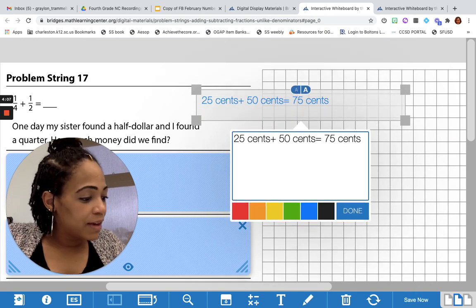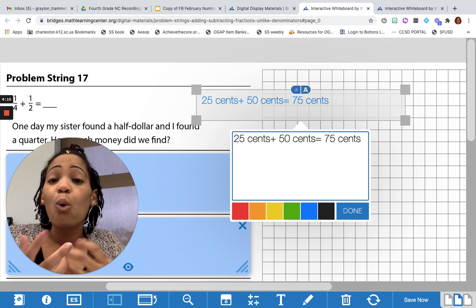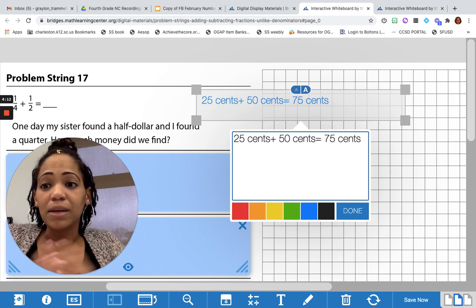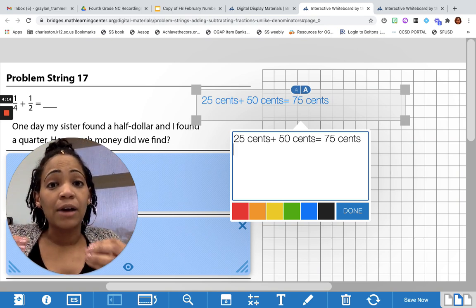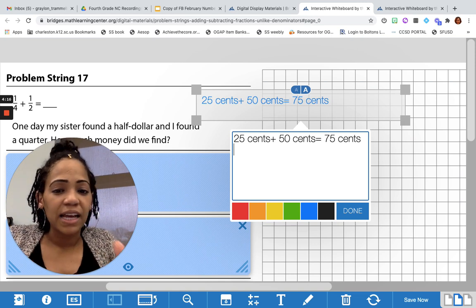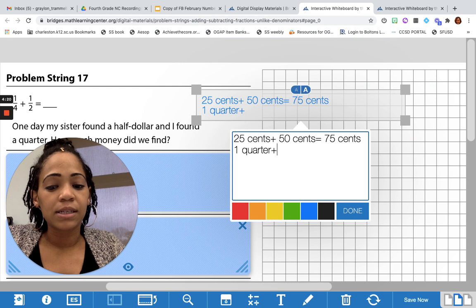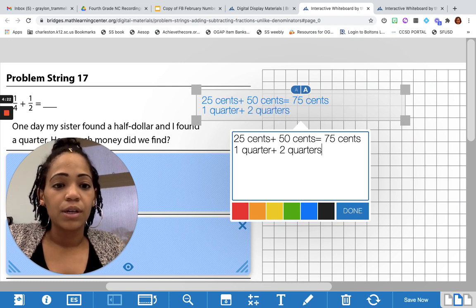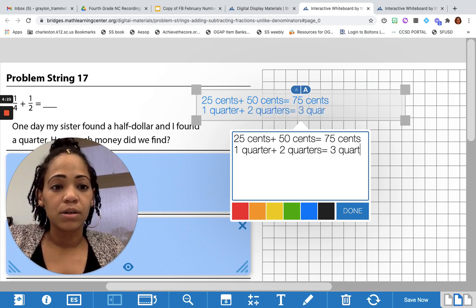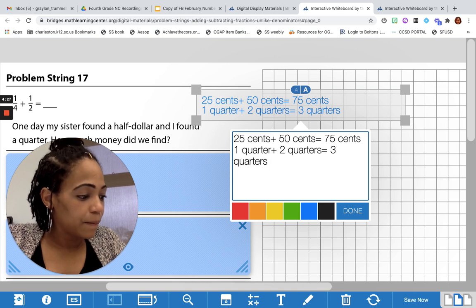So then what if I thought about it in terms of a coin? So we're talking about money, maybe not amounts or value specifically, but maybe just the fact that I have a coin. I would have 1/4 plus 2/4 is going to give me 3/4. You guys agree? Perfect.